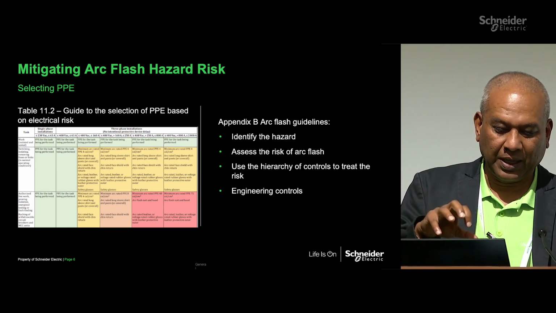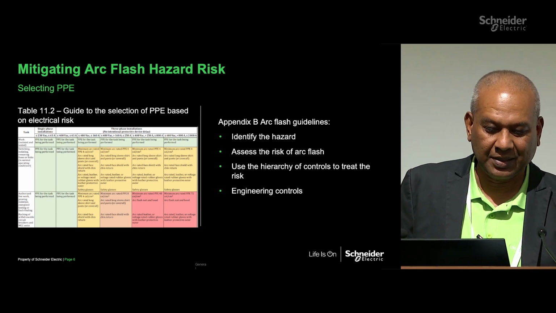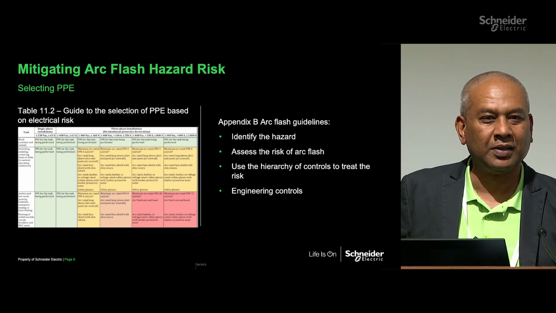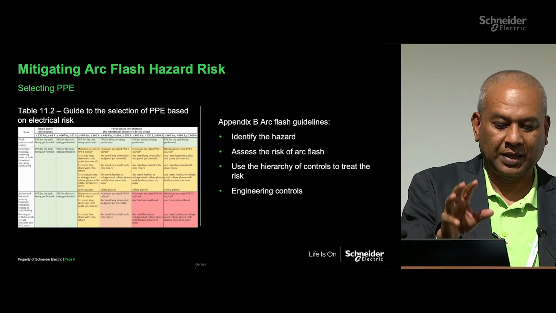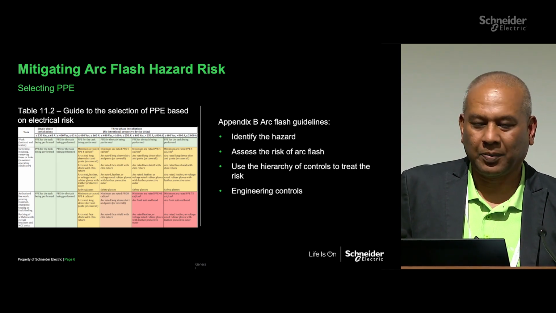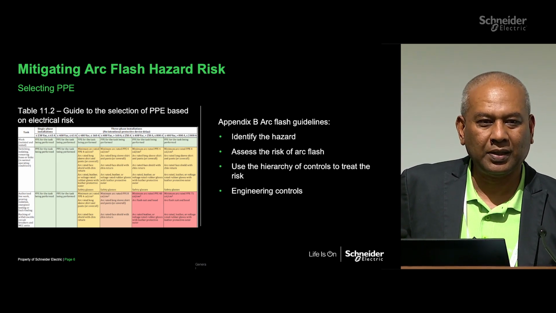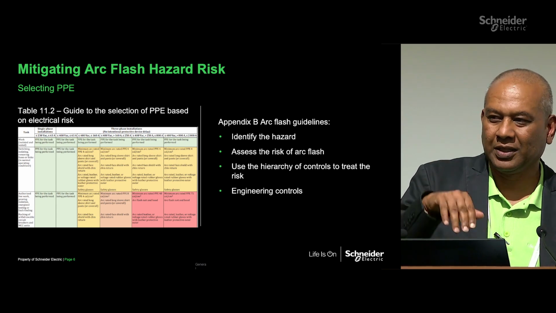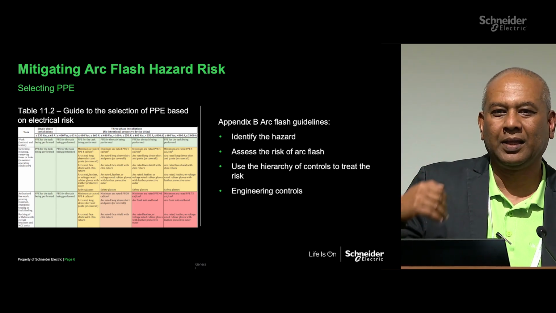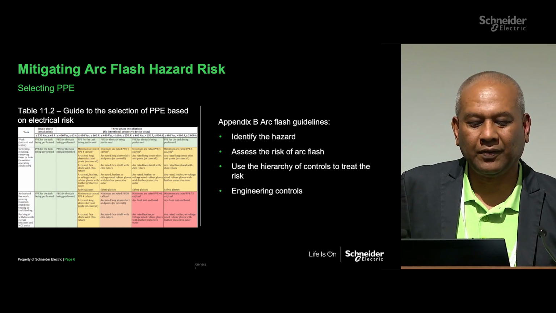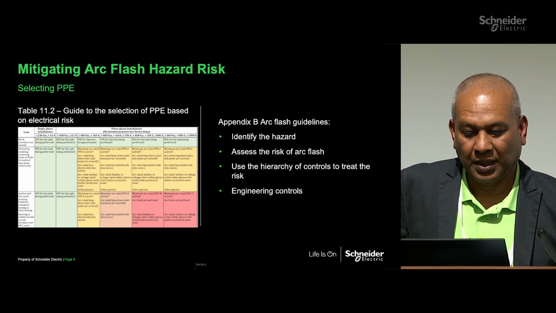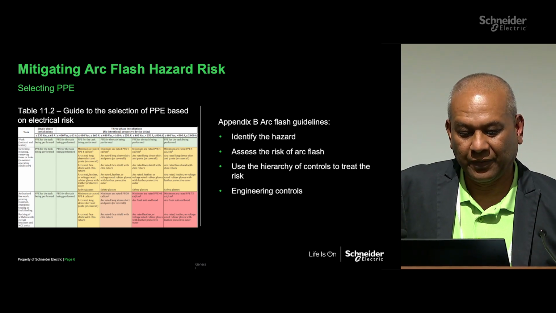You can see on the bottom right is where the incident energy gets to a level where you need a higher category PPE. The ones on the left, which are green and amber, are Cat 2, Cat 1, even Cat 0. You can just follow the guideline and apply that to your existing network and come up with the right level of PPE for your site.